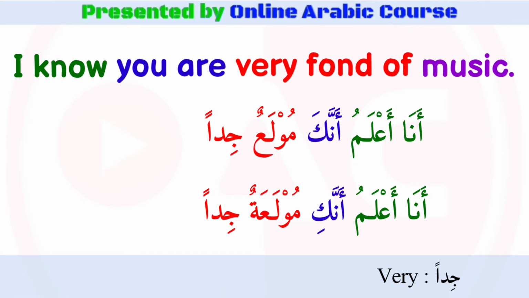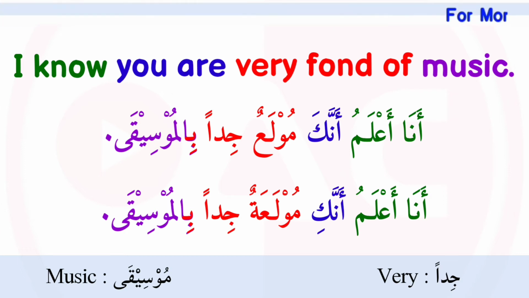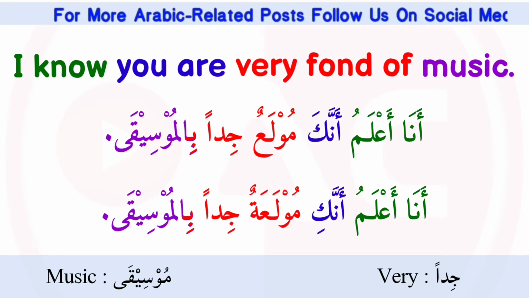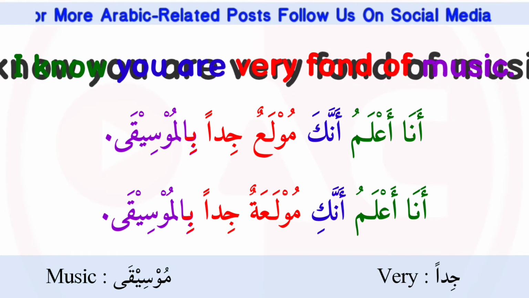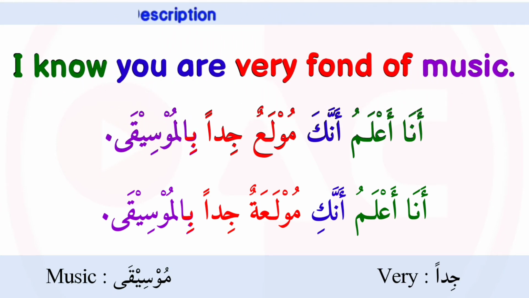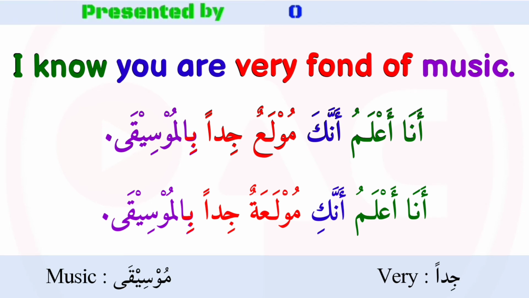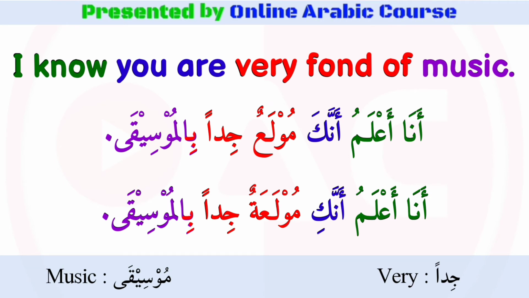Of music, بالموسيقى. Very fond of music, مولع جدا بالموسيقى, and مولعة جدا بالموسيقى. I know you are very fond of music. أنا أعلم أنك مولع جدا بالموسيقى, and أنا أعلم أنك مولعة جدا بالموسيقى.